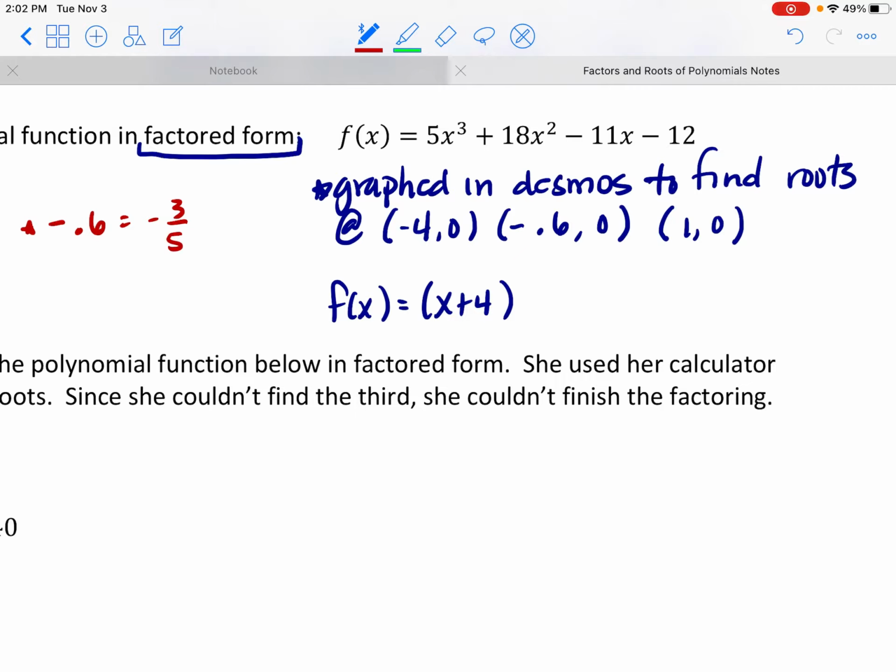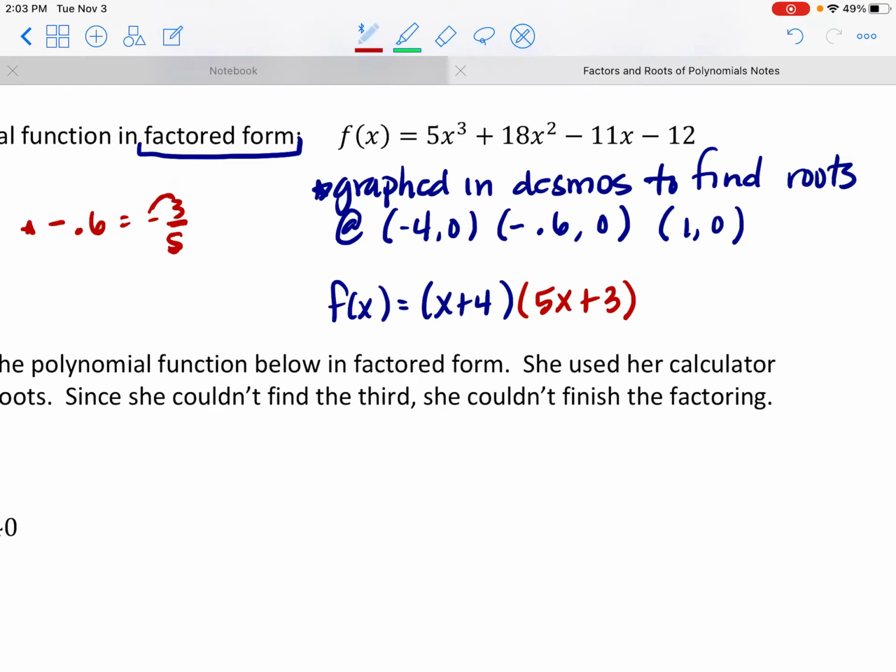So what would make that a solution would have to be a 5x and a plus 3. So remember, division by 5 means there has to be multiplied by 5, and then the minus 3 means there has to be a plus 3 here. Or use the bottoms up, but remember, we've got to put the opposites into our roots.